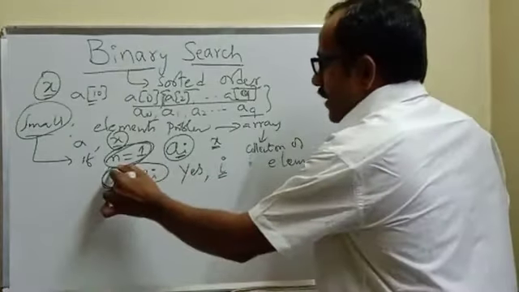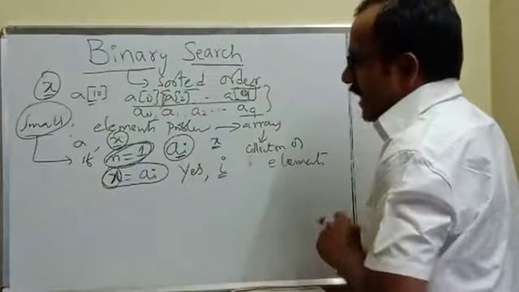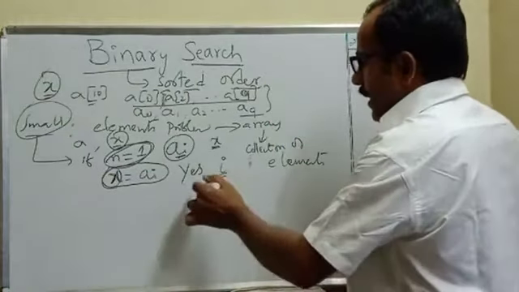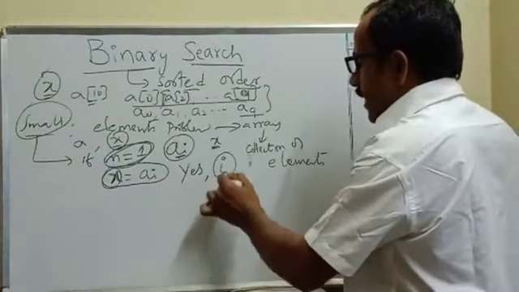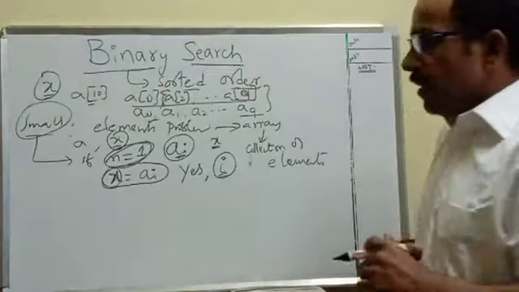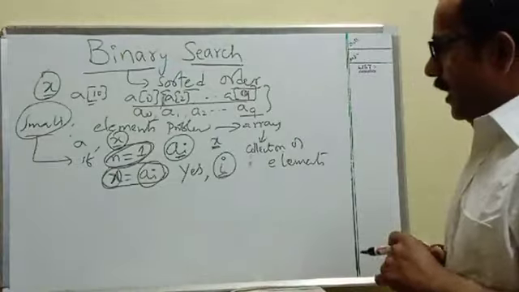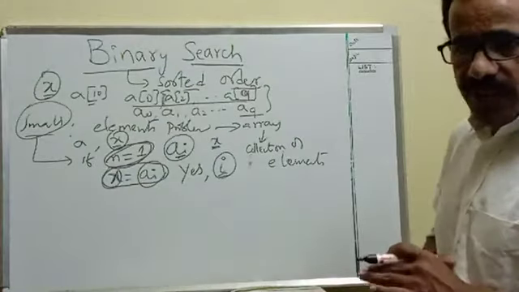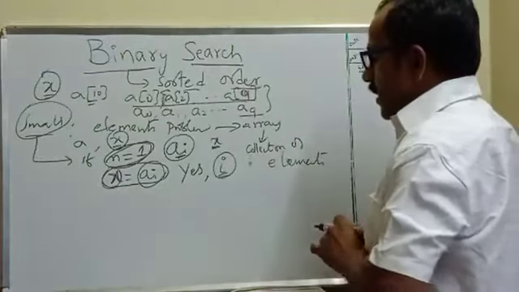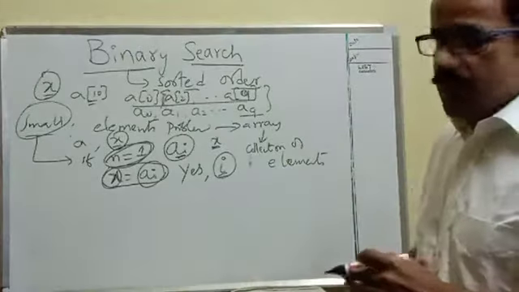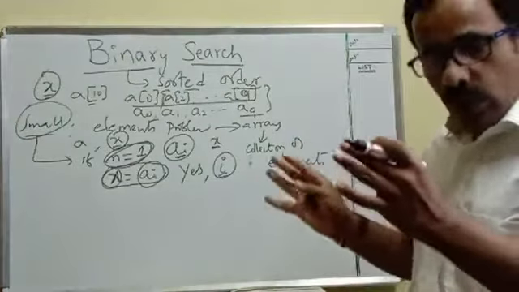If both are equal, then this procedure returns the location number i, because only the ith element is there in the problem. Immediately we get the result yes, and binary search returns i. Along with this, it must return the location number i.